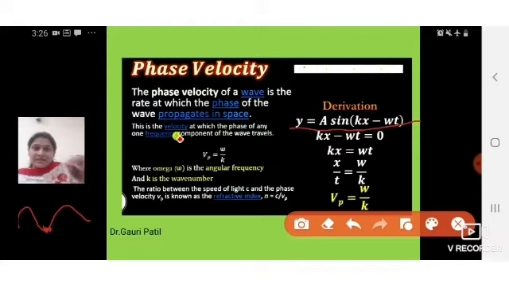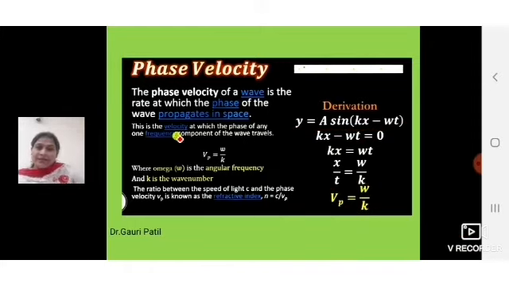If the phase is constant, then we put kx minus omega t is equal to 0. Then we get kx is equal to omega t, so x by t is equal to omega by k. From this we have dx by dt, which is equal to Vp, and we can write Vp is equal to omega by k. So students, phase velocity is the velocity of a single wave particle.